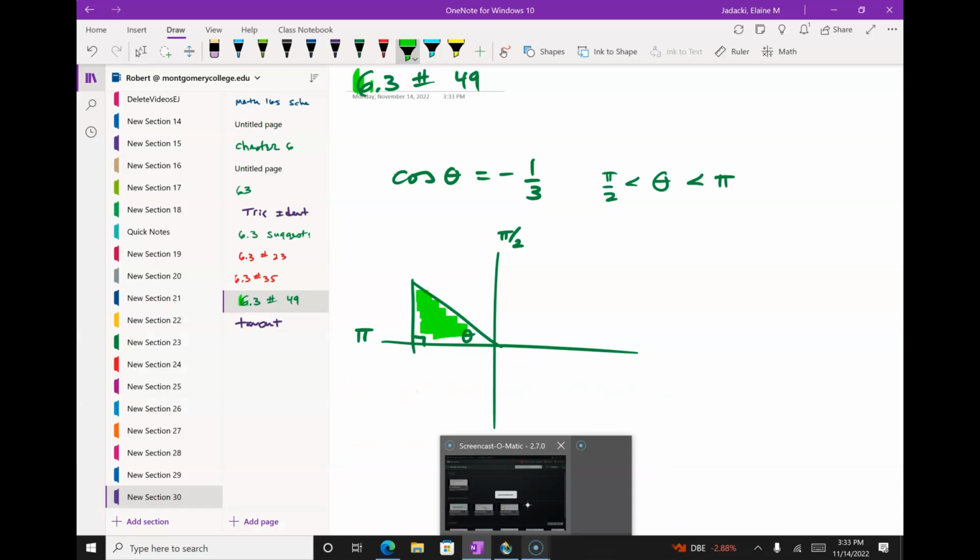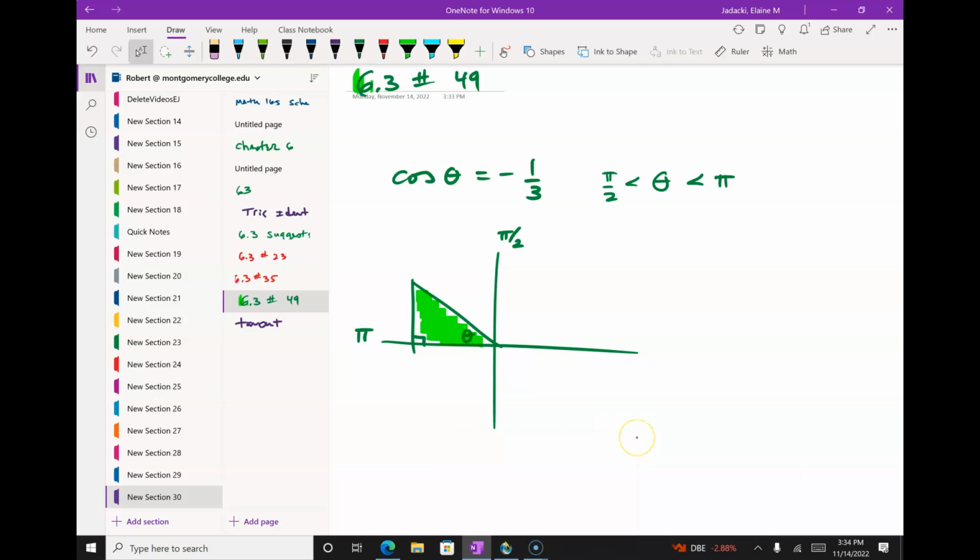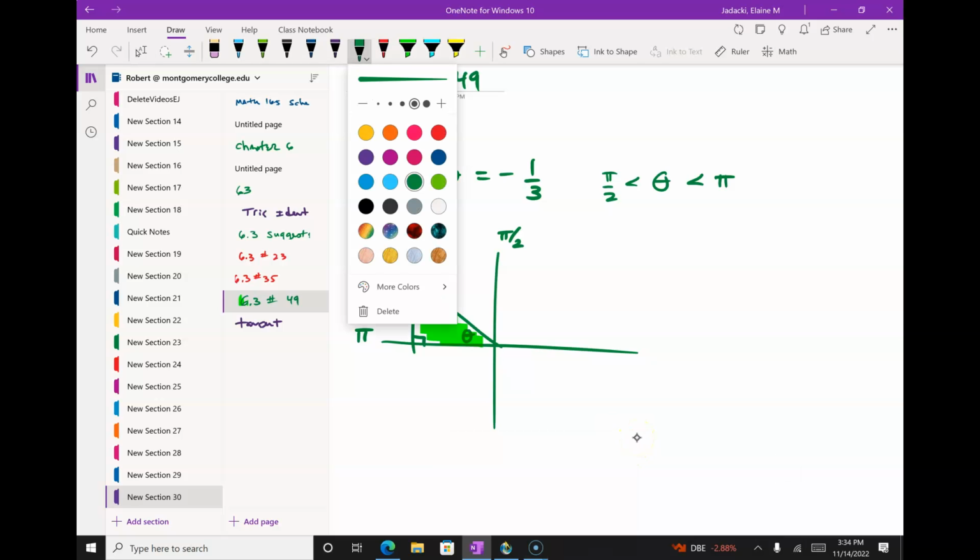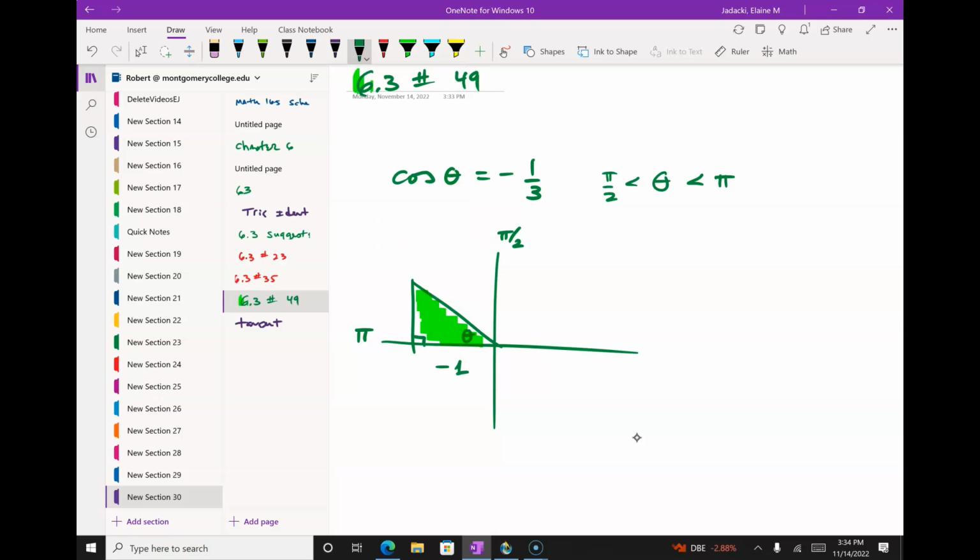So here's my triangle I'm dealing with. What do I know about the base? How big is the base? -3. I'm sorry, -1, right? It's adjacent over hypotenuse. The hypotenuse is 3, and the other side I don't know yet.